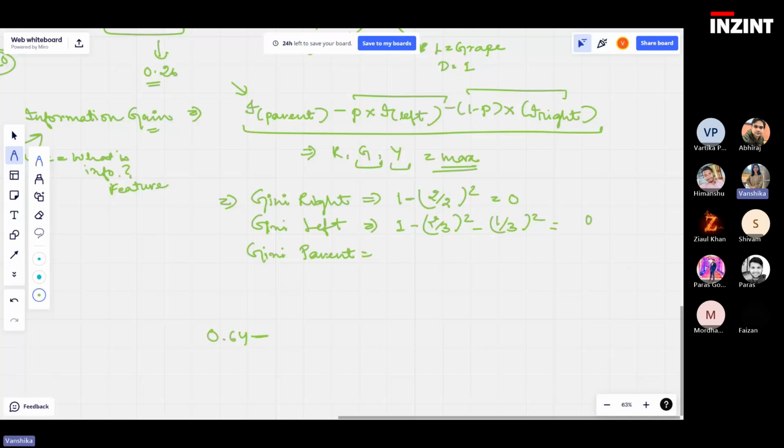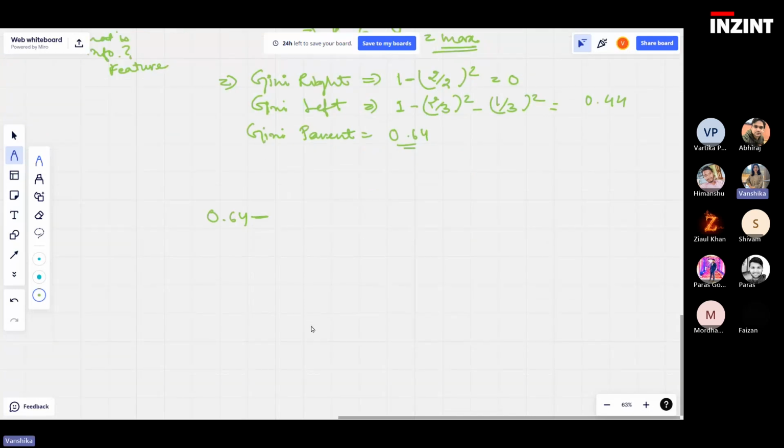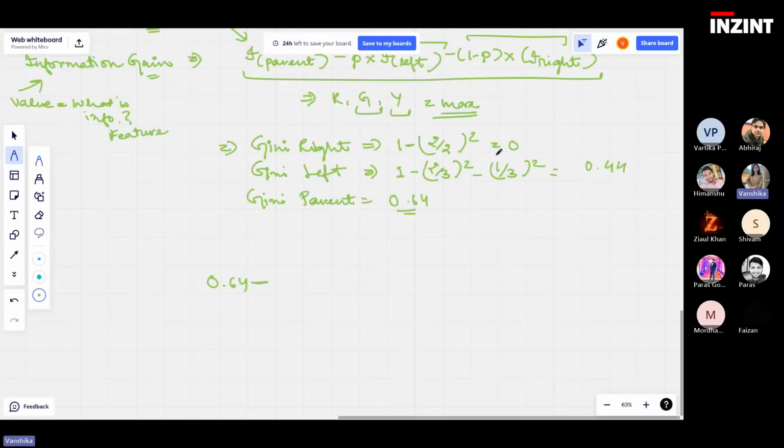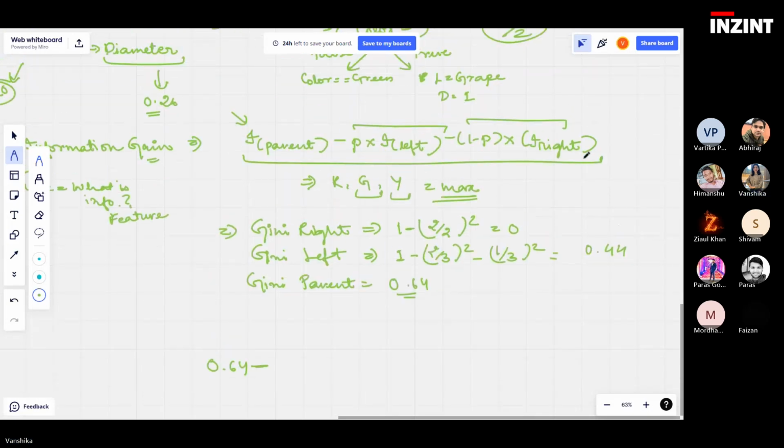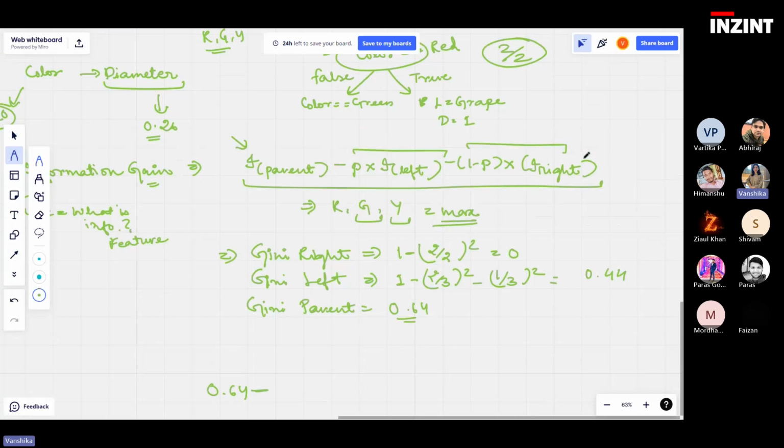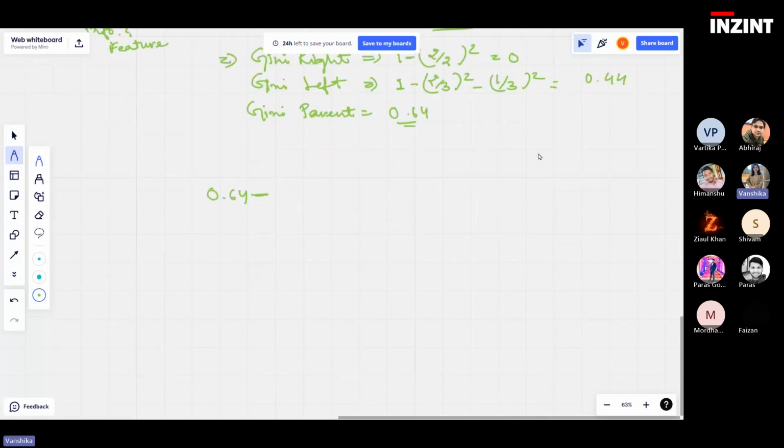Okay, so for this we get 0.44. And Gini of parent we already have 0.64. So let's put them all in the formula. For the left subtree, what do we get over here? This is 0.4. I think I'm missing something. Let me just check. Yeah, we need to multiply the overall probability as well.